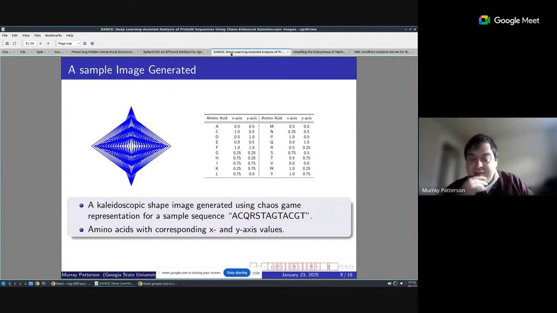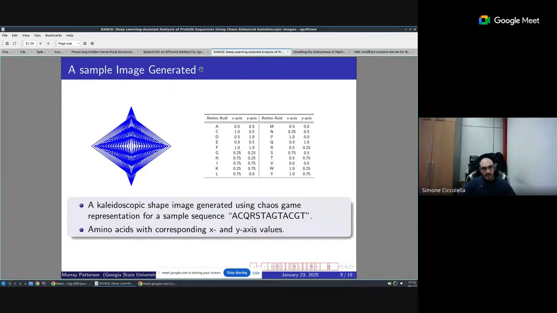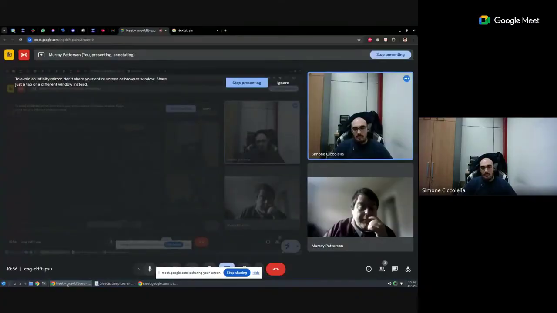Why not? We can think of it like an extension of Chaos Game Representation, where we can encode a larger alphabet still in a 2D image, right?